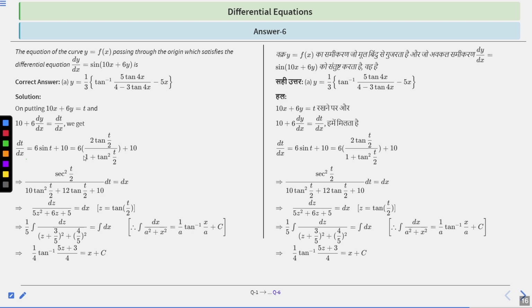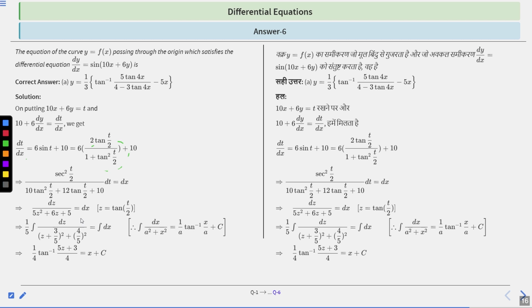Therefore sec square t by 2, this 1 plus tan square t by 2 will go in the numerator, so 1 plus tan square t by 2 will become sec square t by 2, and in the denominator it will be 10 tan square t by 2 plus 12 tan t by 2 plus 10, right?